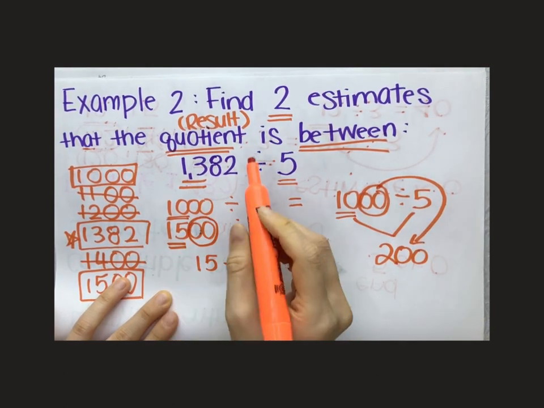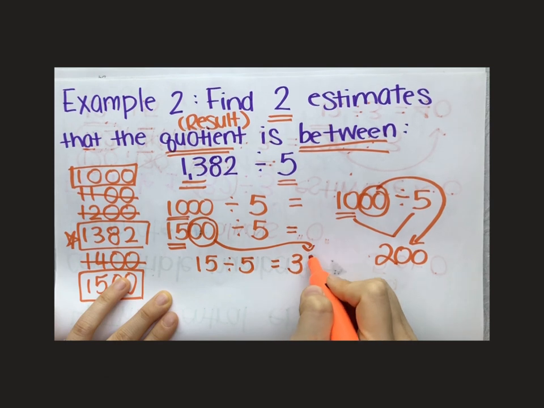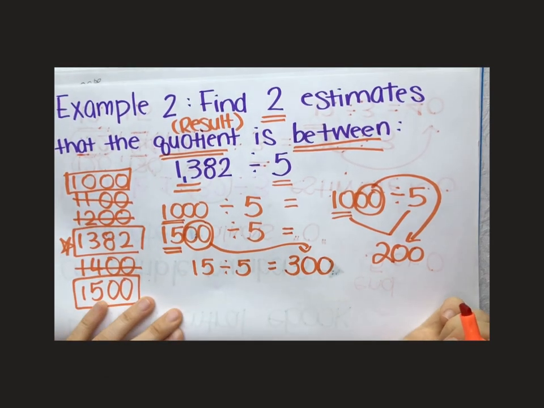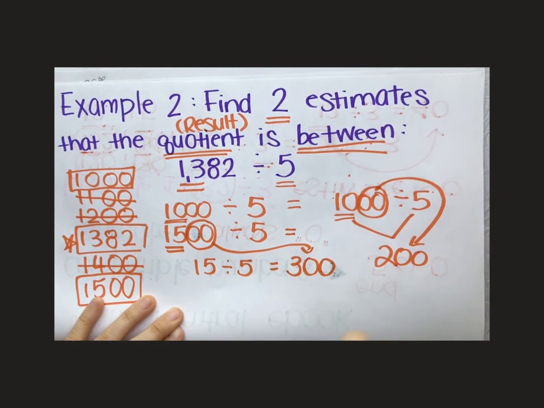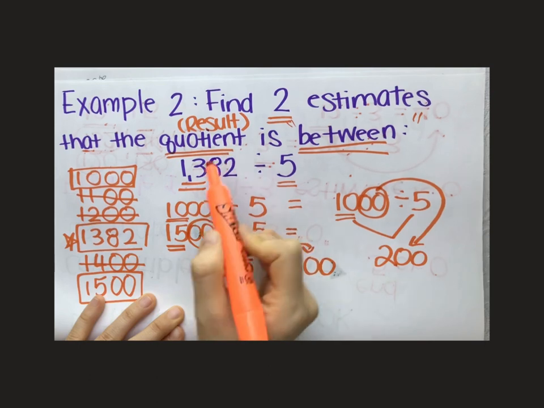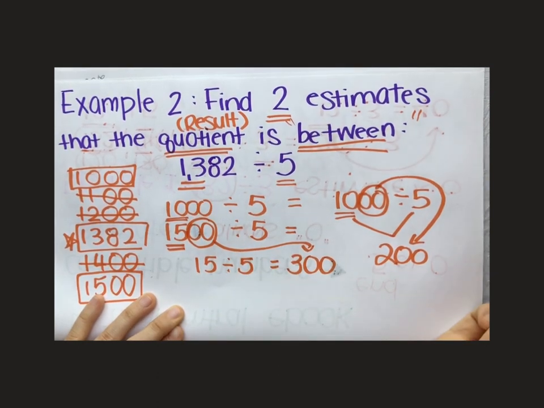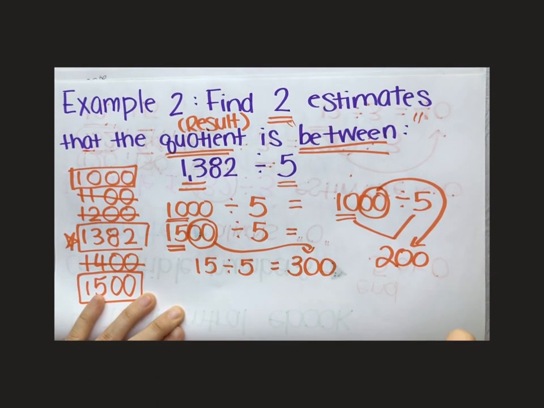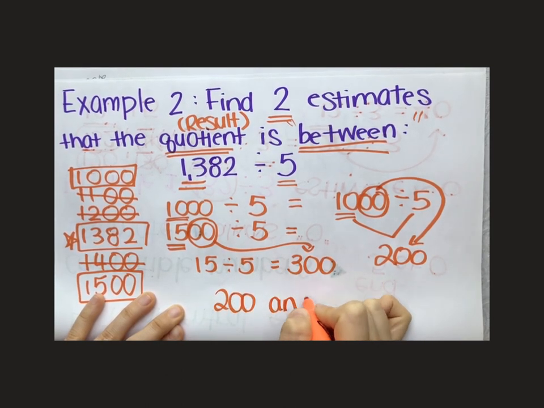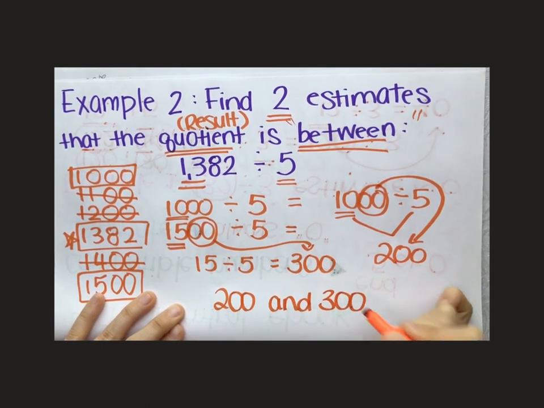Remember those 2 zeros that I ignored? Bring them over. And my second estimate will be 300. So boys and girls, when we're estimating 1,382 divided by 5, I know that my answer has to be between 200 and 300.